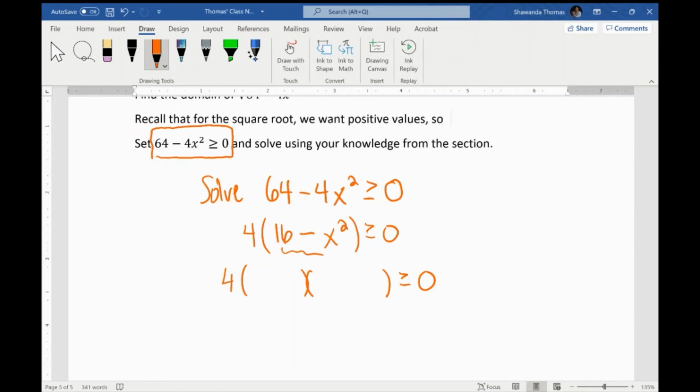So how I want y'all to say it: 4 plus x and 4 minus x. All right, because that's not the same as x plus 4 times x minus 4. These will give you a totally different result.